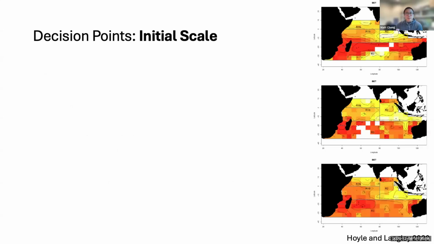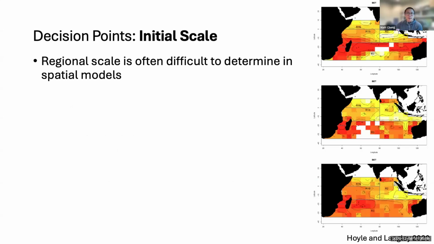So the other decision point is how we determine the initial scale of the population. I think this is particularly difficult to do in spatial models, and particularly for tunas, just given the lack of fishery independent surveys.